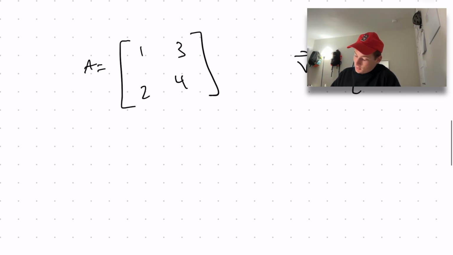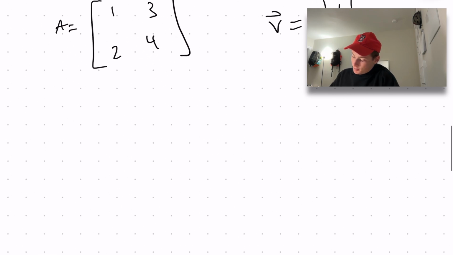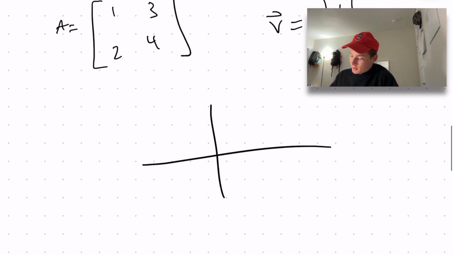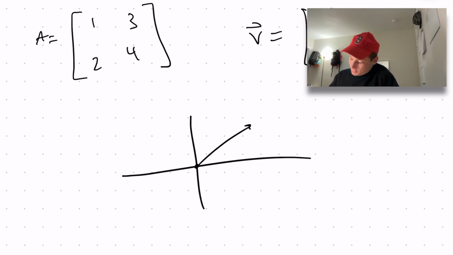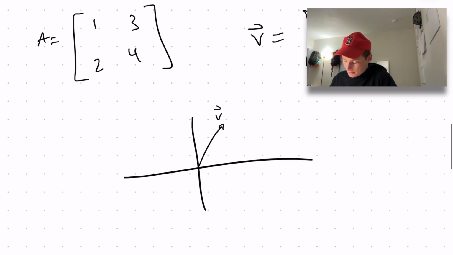You want to start drawing graphs as soon as possible when you're doing linear algebra and trying to learn intuition. So this is what visually v looks like as a vector on the 2D plane.